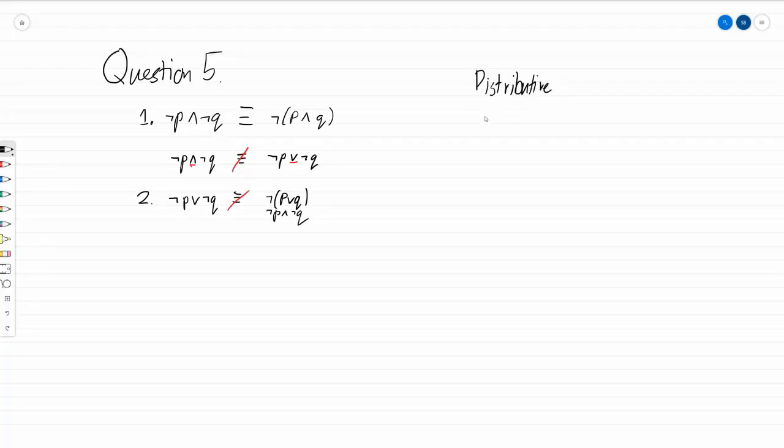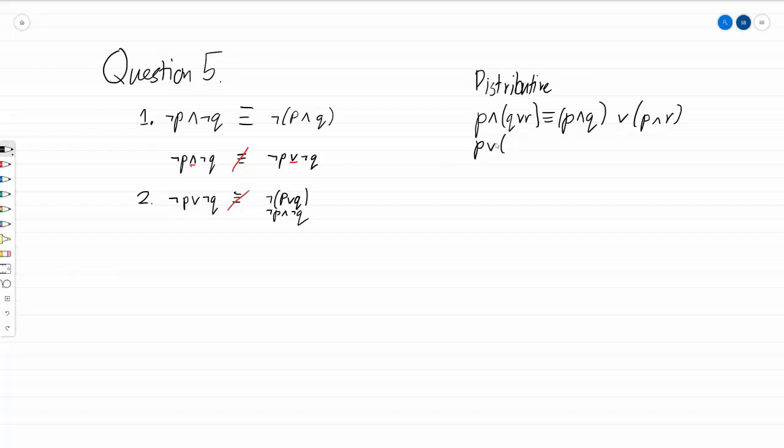Those revolve around the idea that if we have, say, P and Q or R, that is equivalent to P and Q or P and R. And we also have the same idea for the or variation.